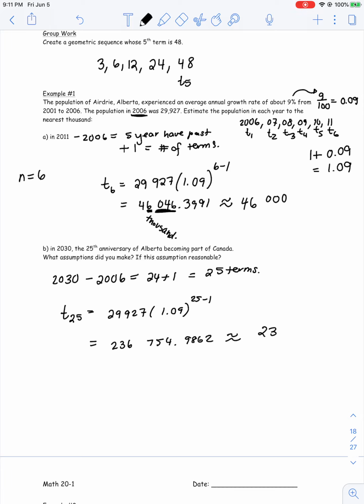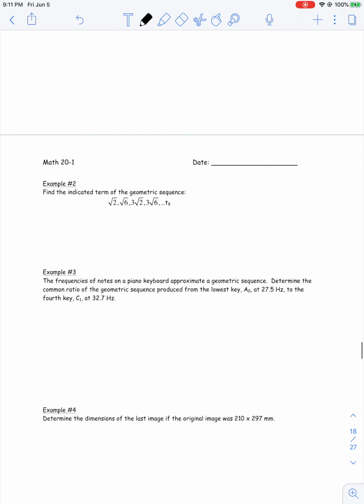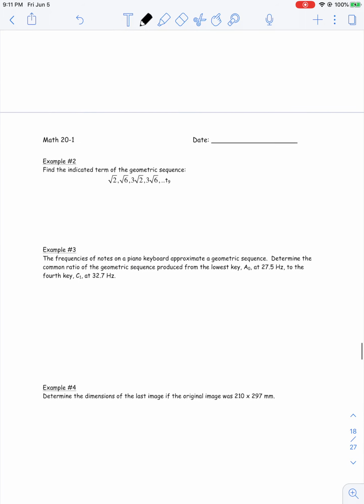So that's approximately equal to 237,000 people. So the assumption that we're making is that this rate is always going to stay about the same. So this growth rate of 9% is going to be the same, and that there's not going to be too much affecting the population. So those are things that we're assuming.